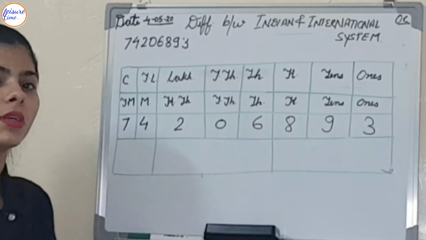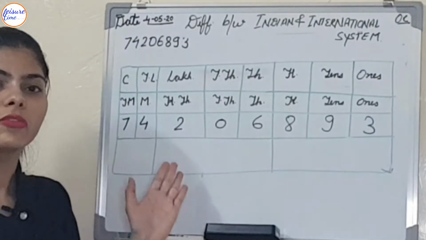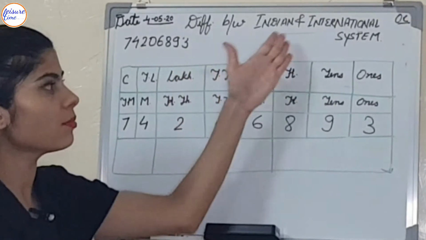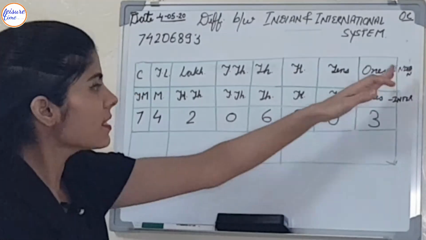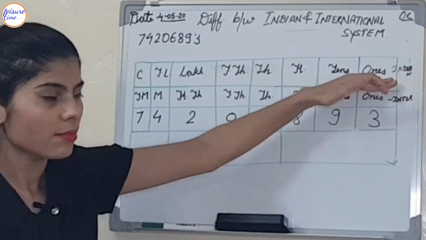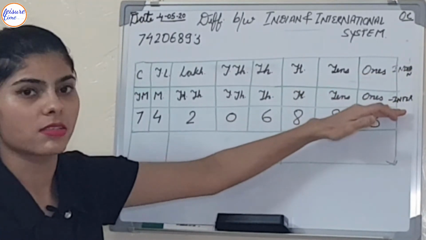Understand? Now see the difference between the Indian system and the international system. I already made a table. The first row is for the Indian system and the second row is for the international system.